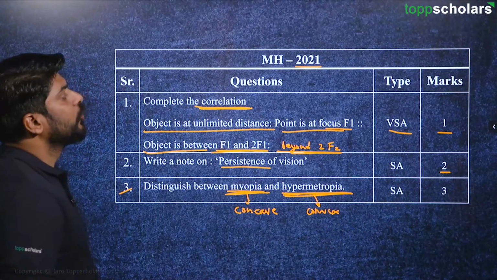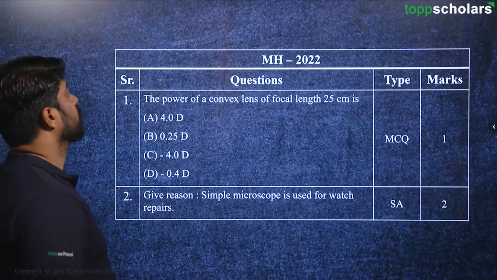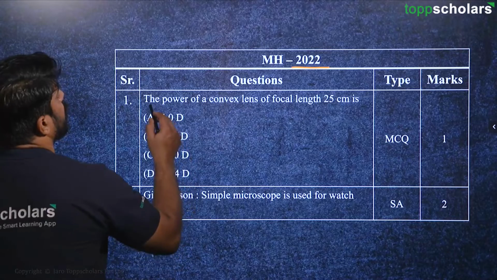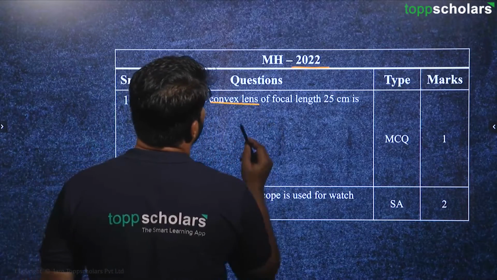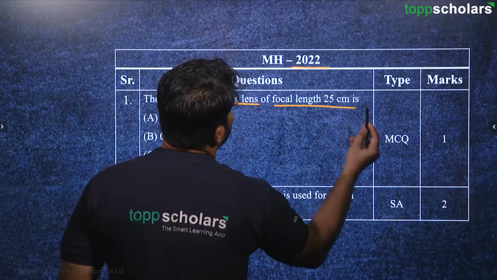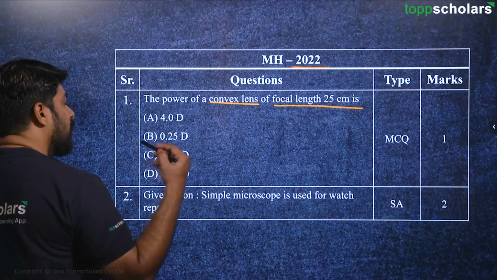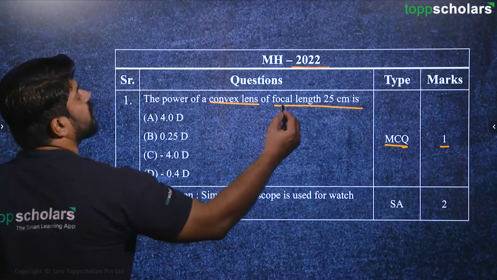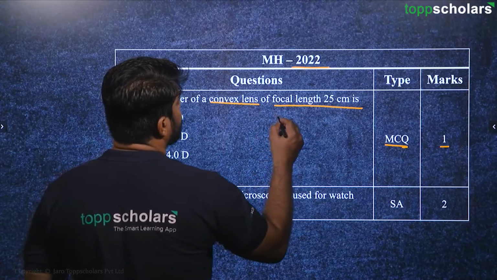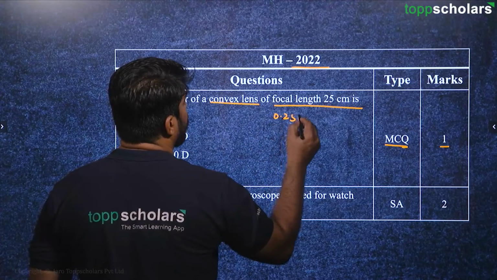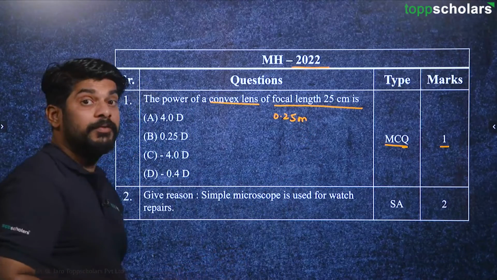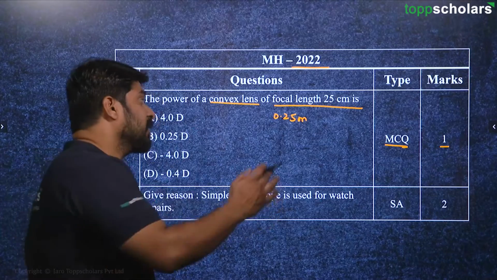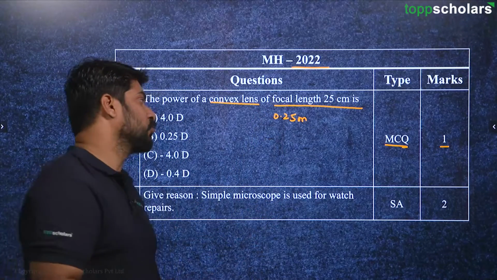Okay, moving on to the next question. This is from the year 2022. The power of a convex lens of focal length 25 centimeter is what? This is an MCQ for 1 mark. So this is 25 centimeter, that means 0.25 meter, because whenever we calculate power of a lens, we have to take focal length in meters only.